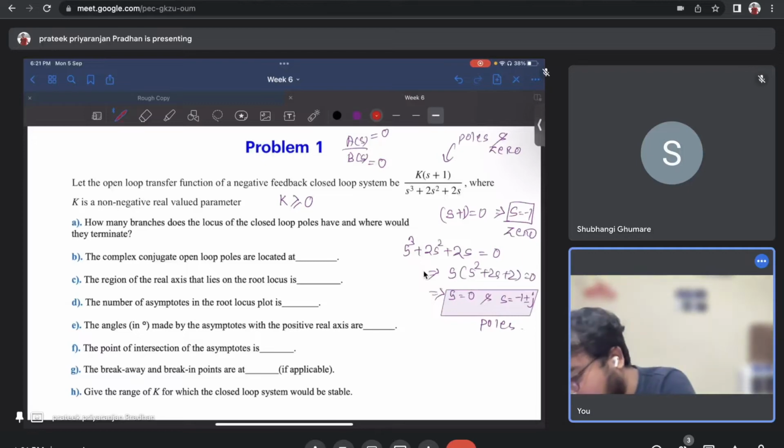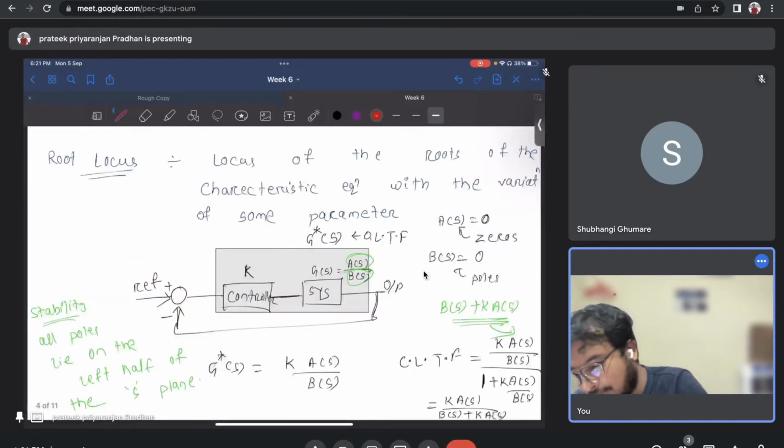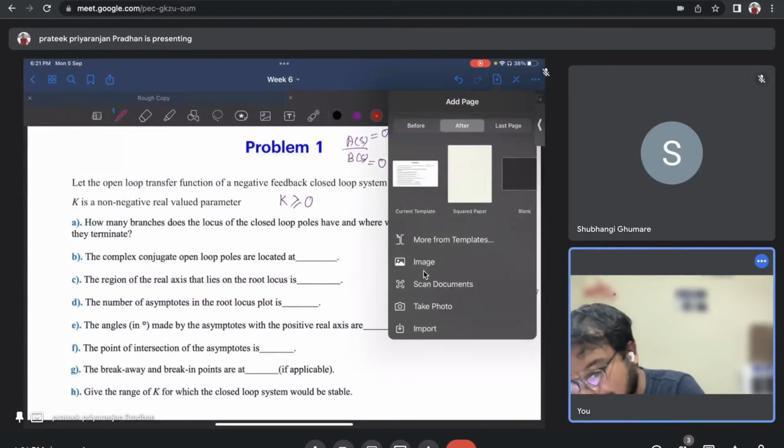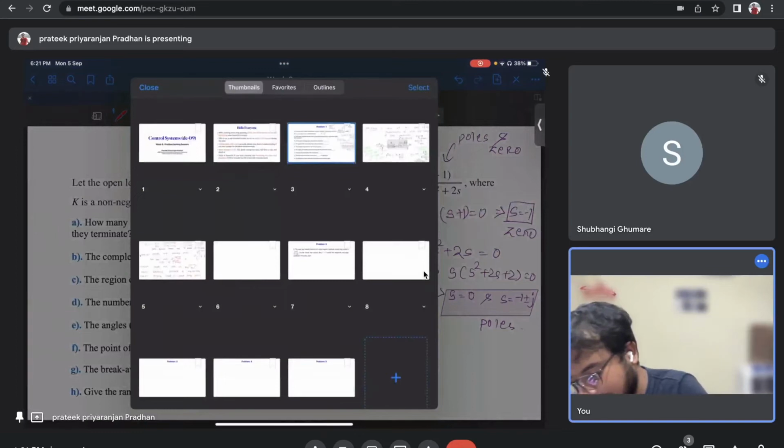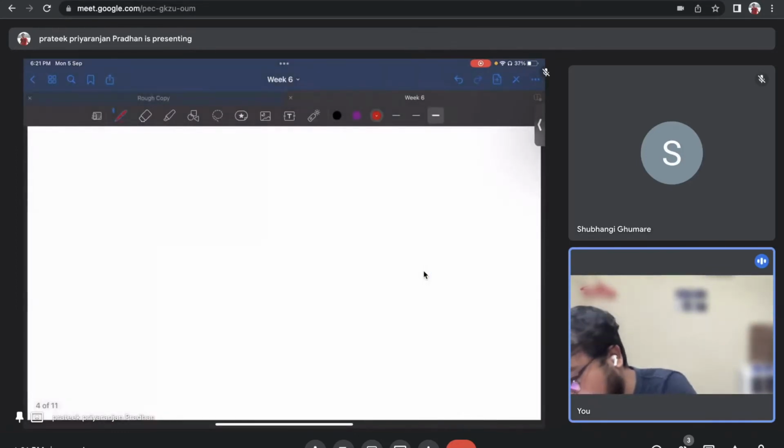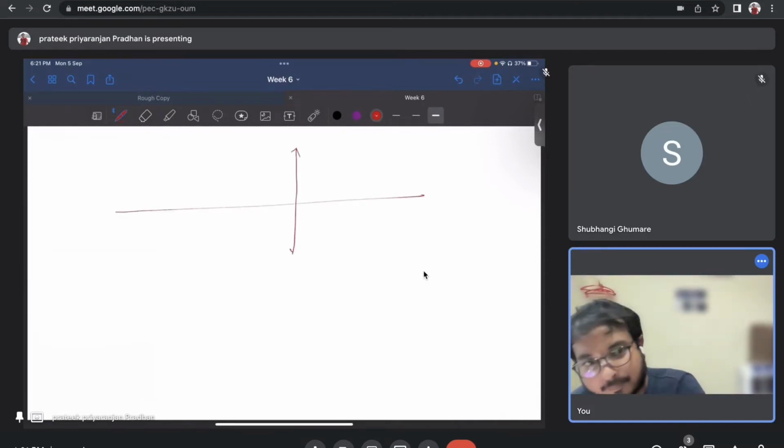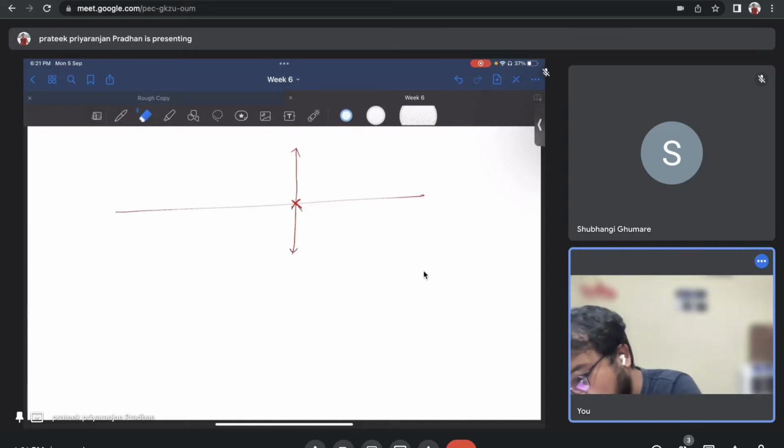If I want to draw it, my poles are at 0 and at minus 1 plus j and minus 1 minus j.